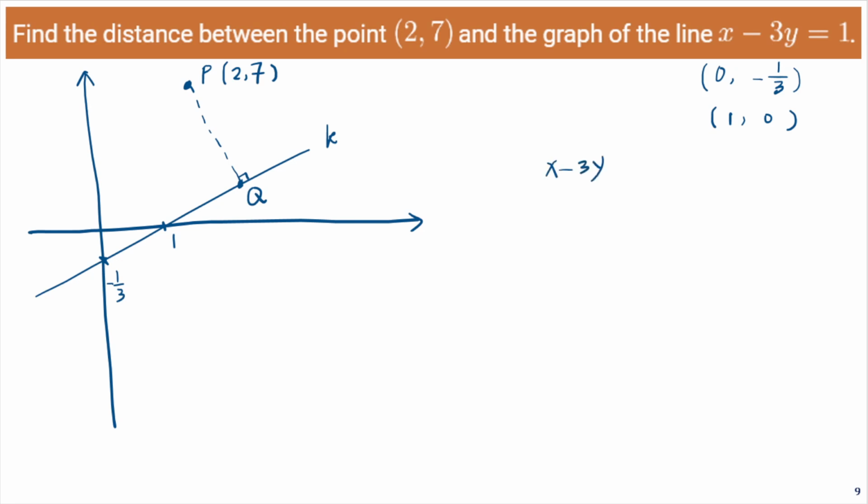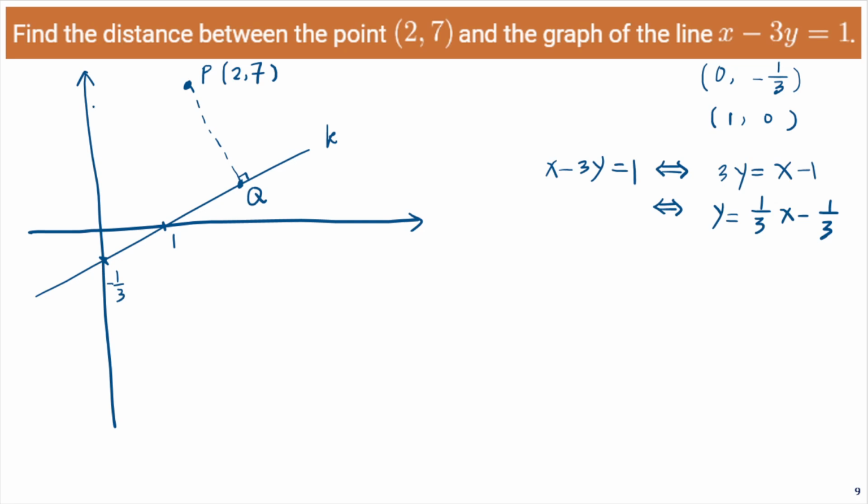First of all, let's rewrite this equation in slope-intercept form. This is 3y equals x minus 1, which is y equals 1/3 of x minus 1/3.